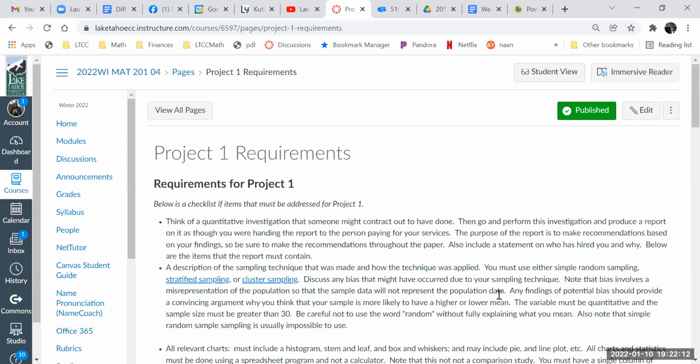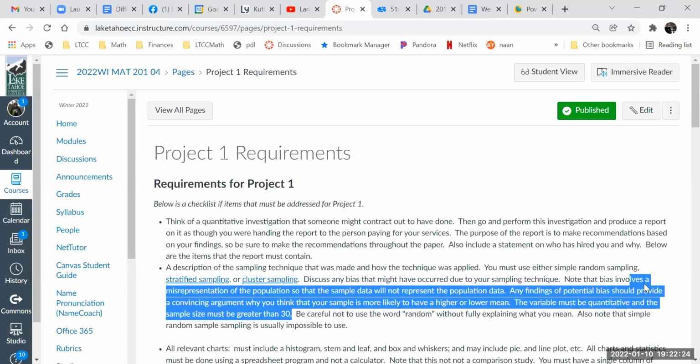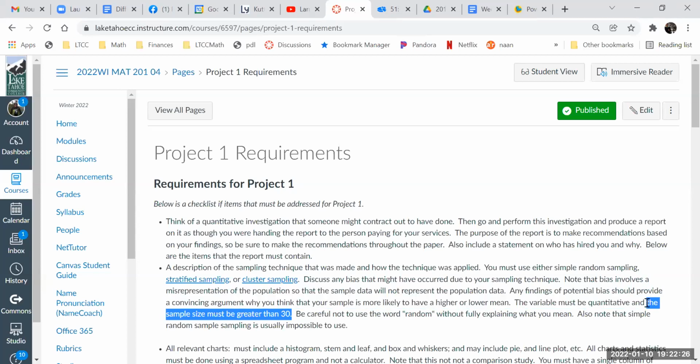Okay, so the variable must be quantitative. I'm just restating that because it's a disaster if you don't have a quantitative variable. Now comes an interesting one. The sample size must be greater than 30. What's the smallest sample size you're allowed to have? 31, exactly.